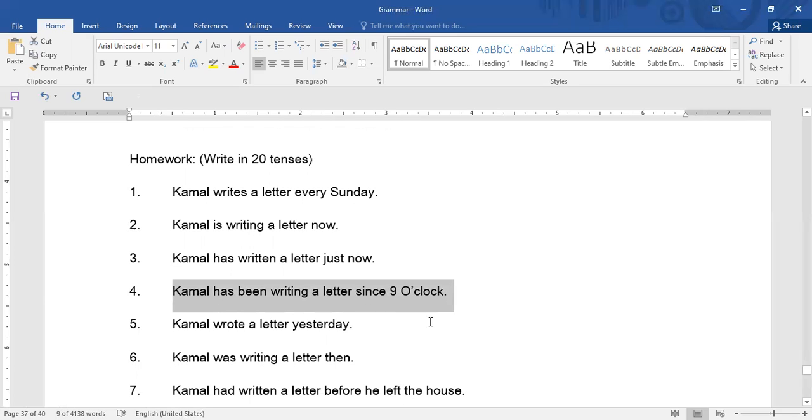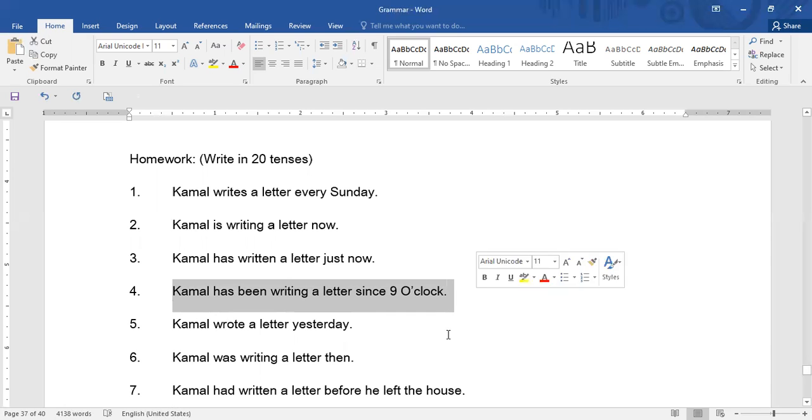Others, now can you change this tense into passive? Present perfect continuous. We have studied each of the perfect continuous cannot be changed into passive. No, you can't try this, because it's a perfect continuous tense.